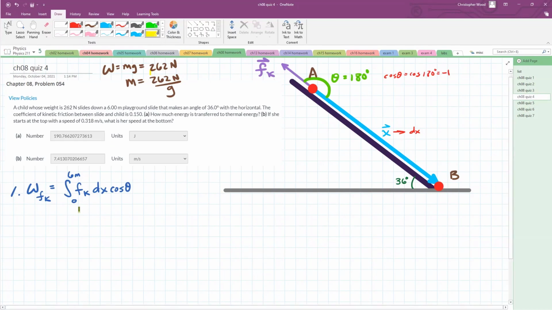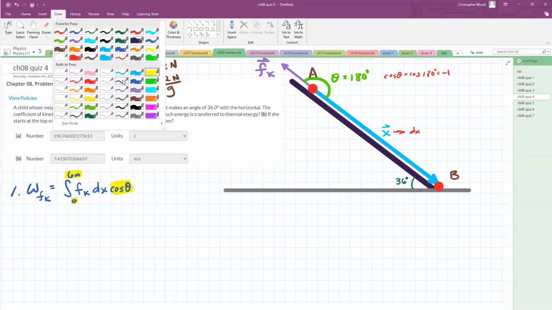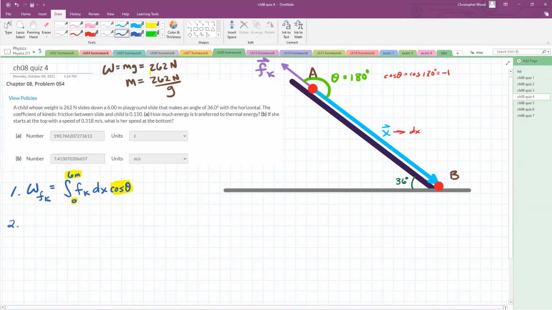And just to repeat, the limits are always the lower position, the minimum, and the maximum position. Let the cosine theta deal with the positive or negative sign. And I can go from step 1 to step 2. The work done by kinetic friction is equal to mu sub k mg. Hang on. I'm going to do mu sub k F sub N. It's not quite so simple.